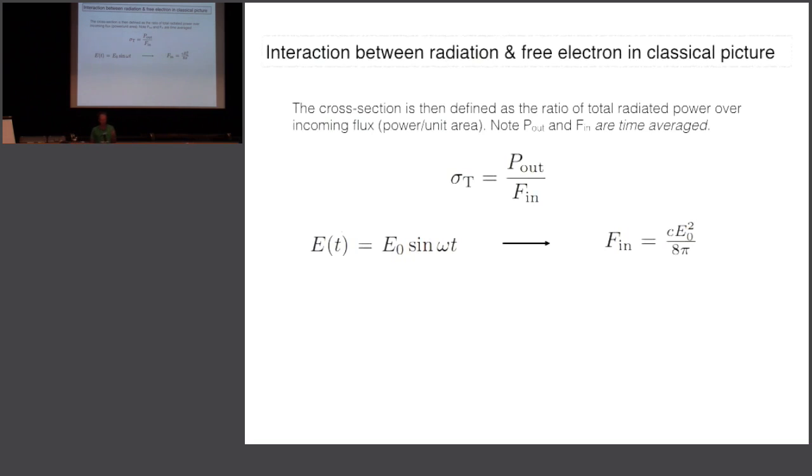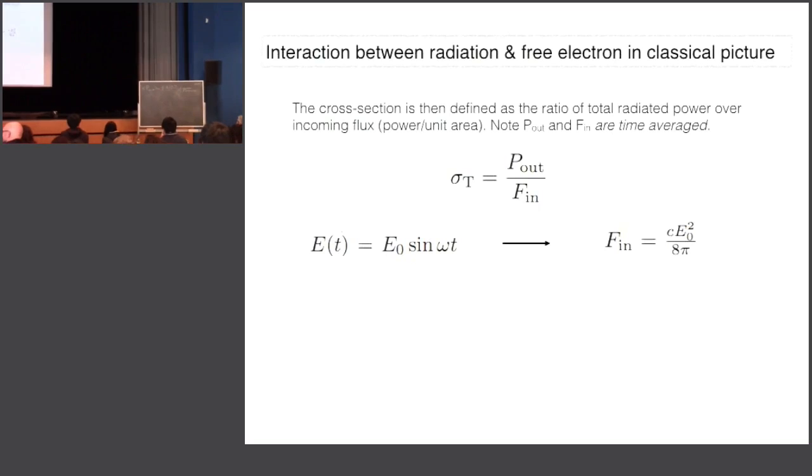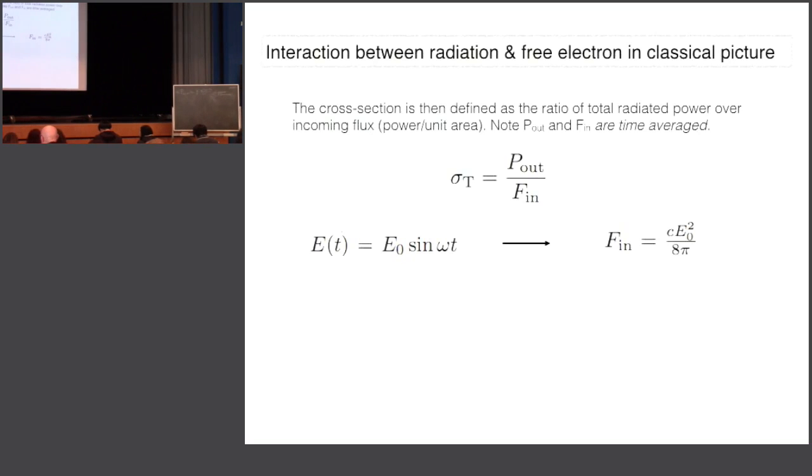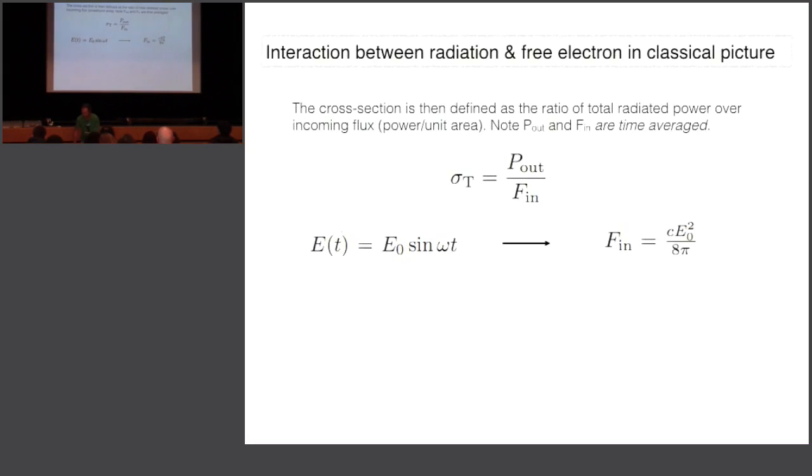So I'm already very far. I know what P out is, given by the Larmor formula. We have an expression for P out and an expression for F in, so in principle you can almost calculate the cross-section automatically. Let me just do it.